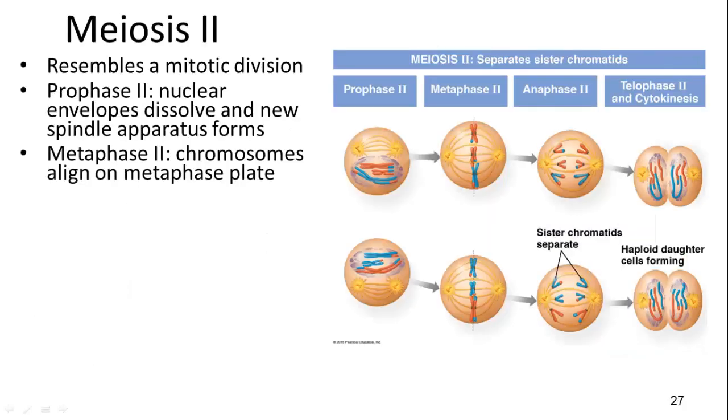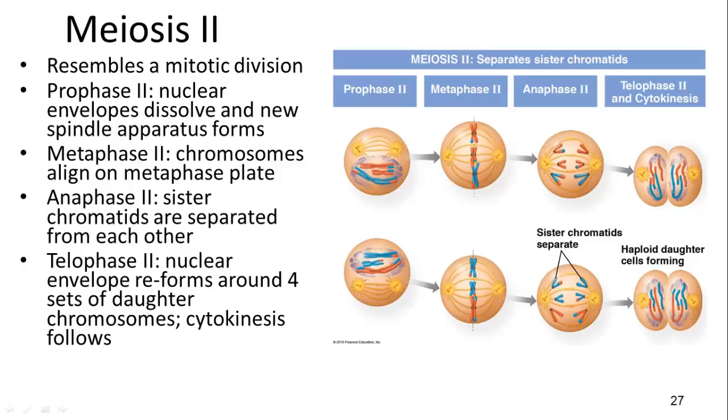In meiosis 2, this is a lot like mitosis, where the chromosomes align on top of each other, and then they separate the sister chromatids. So they are pulled to different parts of the cell. And now you have 2 haploid cells at the end, each of them with a different set of chromosomes.